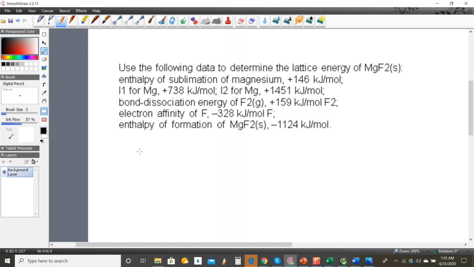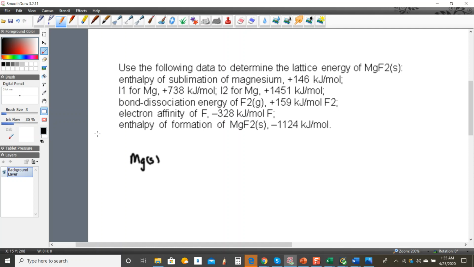Okay, so basically, let me start from here. Basically, we want to look at getting from, okay, how shall I do this? Getting from magnesium solid. Okay, now I don't like the look of that. So let me reduce the ink flow.